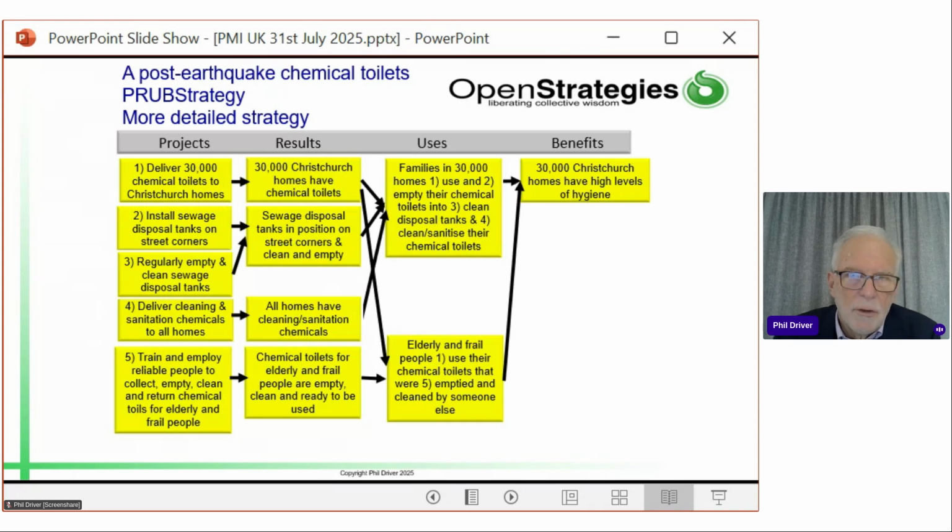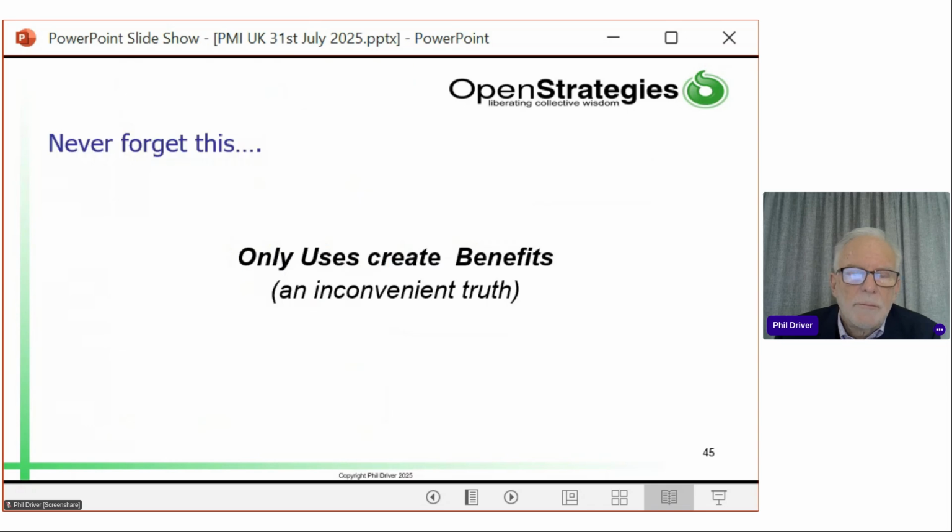The uses control the strategy, whether we like it or not. And we cannot control the users. It's quite sobering. Only uses create benefits. And I encourage you to never forget that. That's probably the most sobering lesson that has come out of our work on PRUB-Logic.